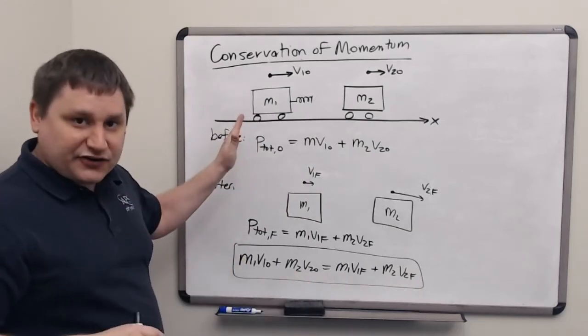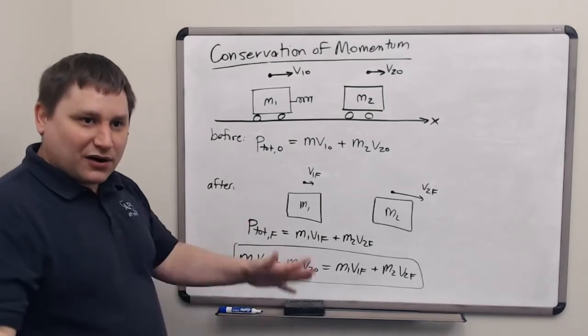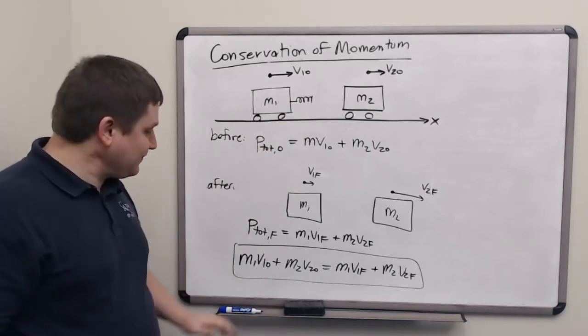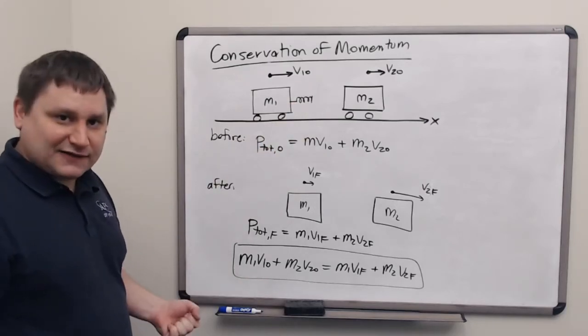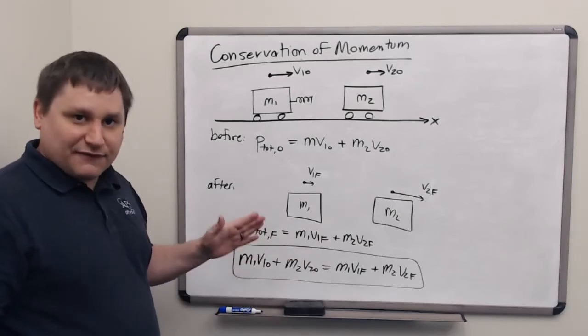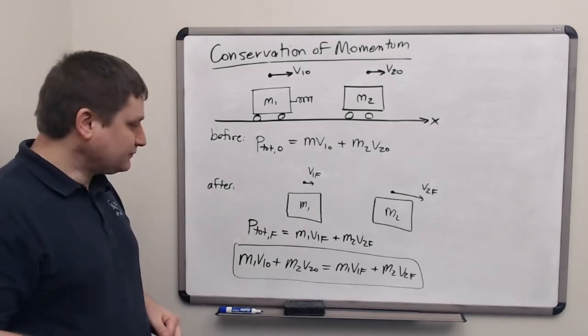If the track is frictionless and there's not an external force of wind or a magnet or something, the only force is the internal spring between these 2, then this equation coming from conservation of momentum will always apply, no matter if the carts are before a collision, during a collision, or after a collision.